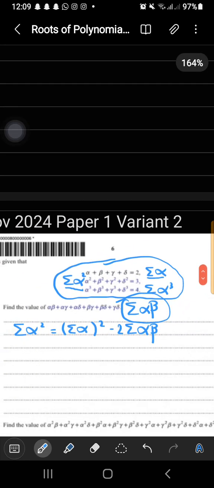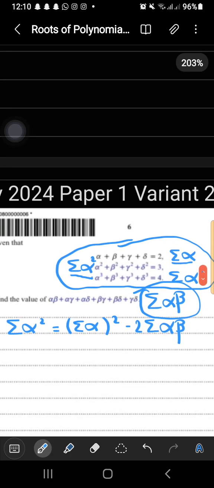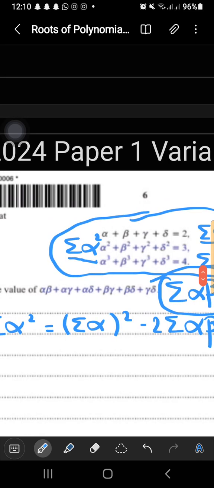This formula is derived through some algebra, but in this video we are not going to derive it because that's not a part of the question or the solution. It is easy to derive this formula.